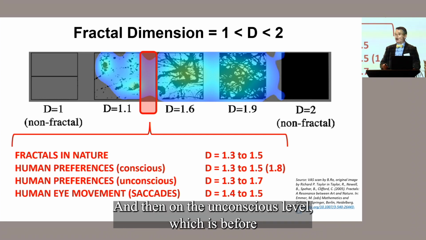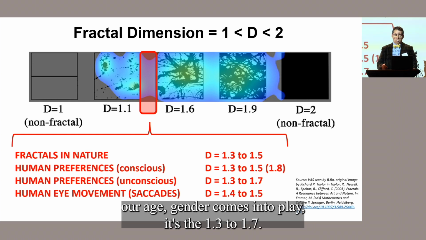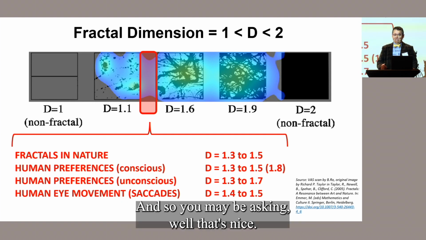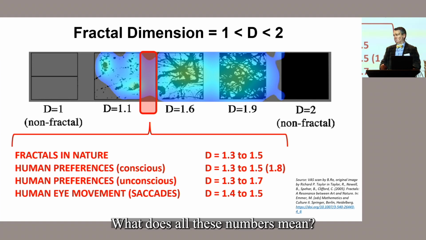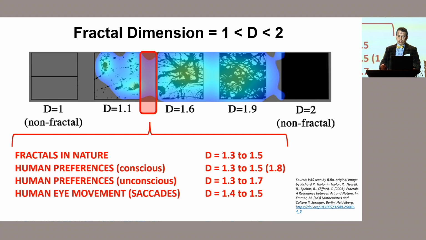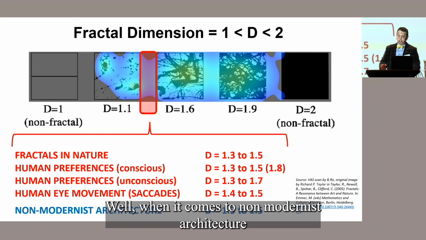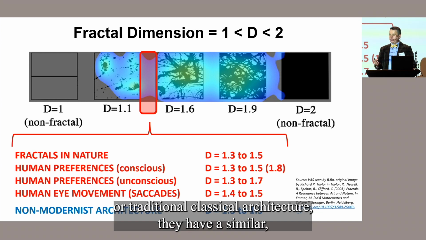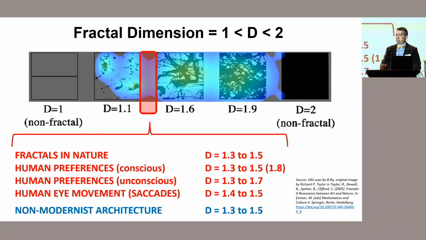And then on the unconscious level, which is before our age, gender comes into play, it's 1.3 to 1.7. And so you may be asking, well, that's nice. What do all these numbers mean? Well, when it comes to non-modernist architecture or traditional classical architecture, they have a similar threshold.